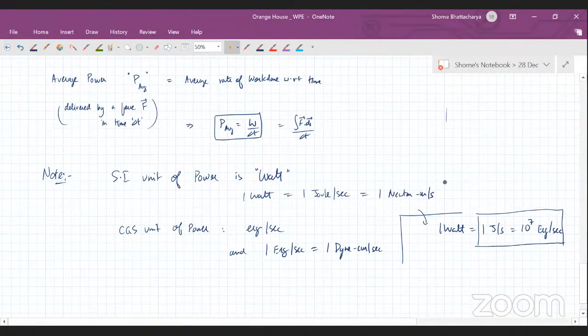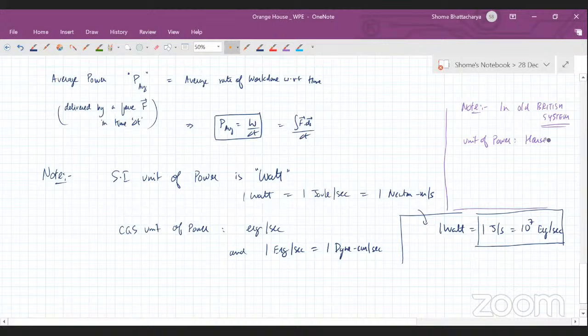Now, one more factual thing you should know, which is not really important from the syllabus point of view: in the old British system of units, you had something called horsepower, or sometimes British horsepower, BHP.